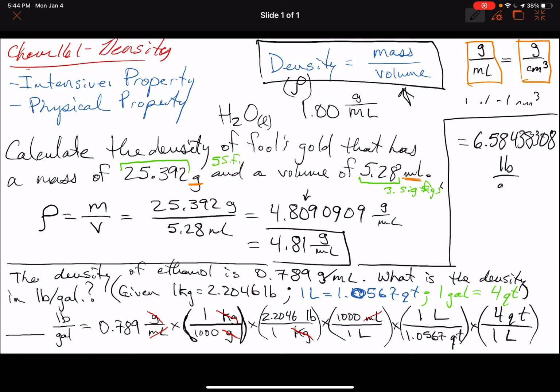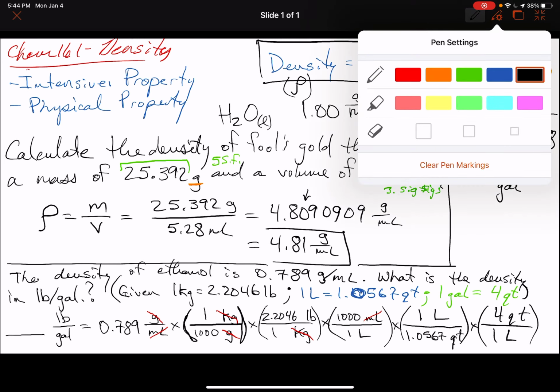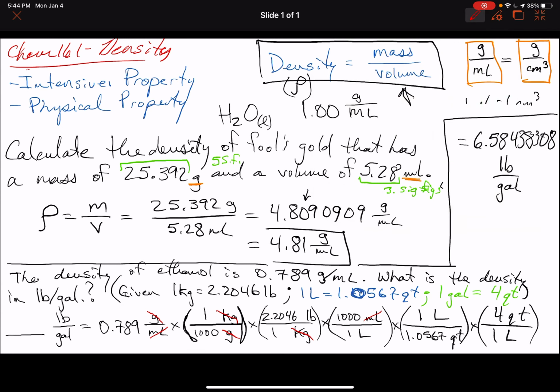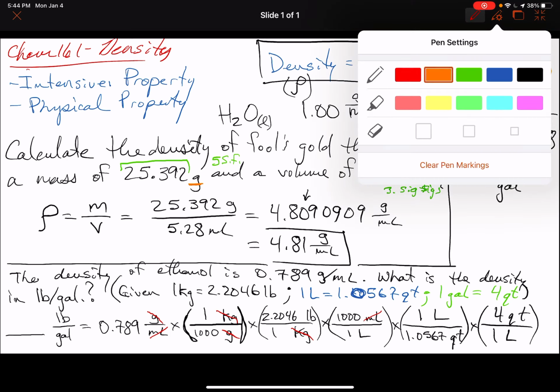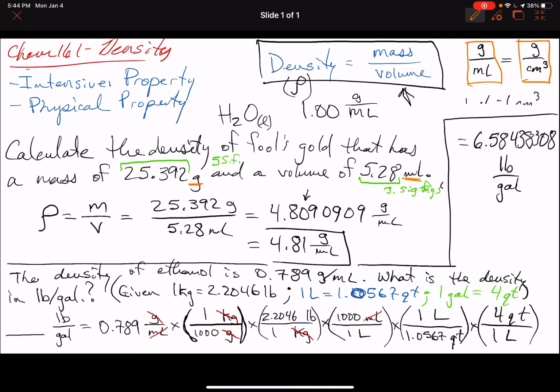pounds per gallon. And we now need to think about significant figures. It's known from information in your textbook that we have some exact information present. Let's list the infinite sig figs conversion factors here. This one here is infinite sig figs, so there's no significant figures to account for there.